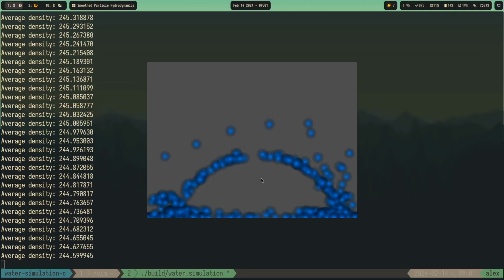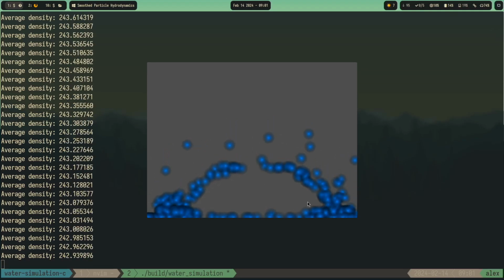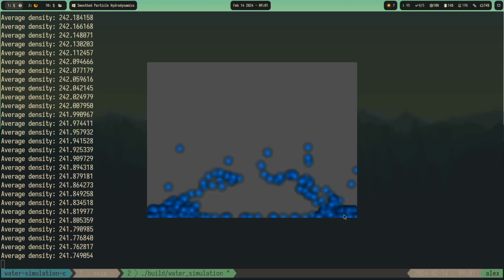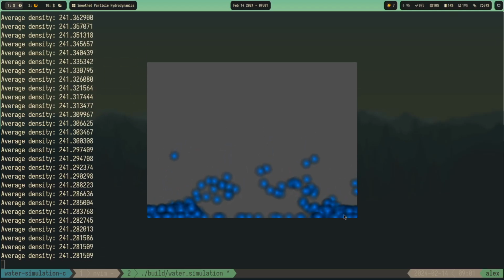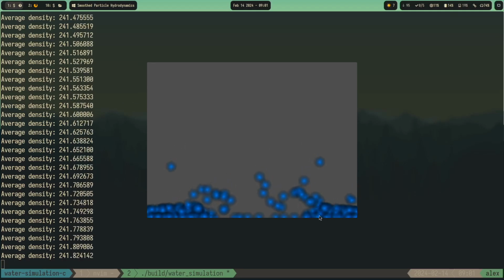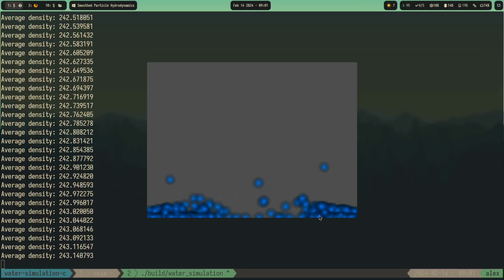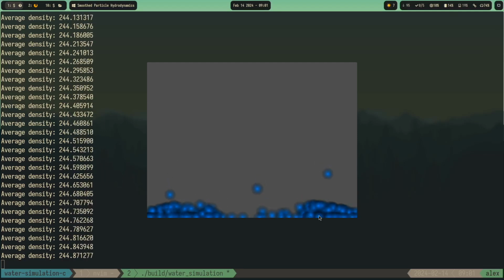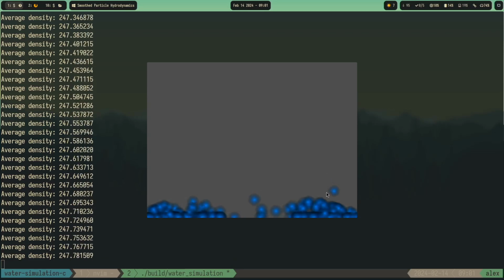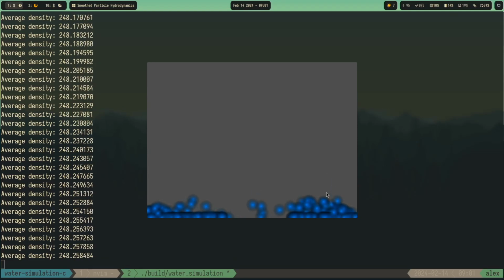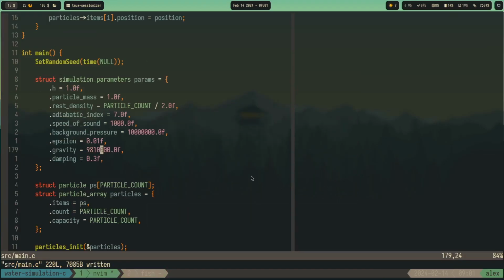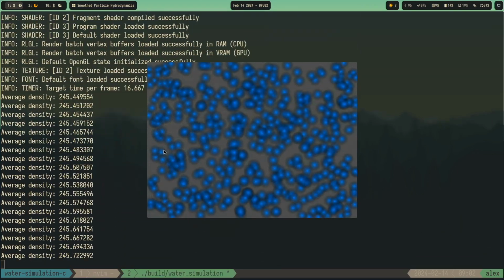Because I really was trying to copy the paper as much as I could, but yeah, it's just strange. Let's try to play around with other parameters, see what happens.